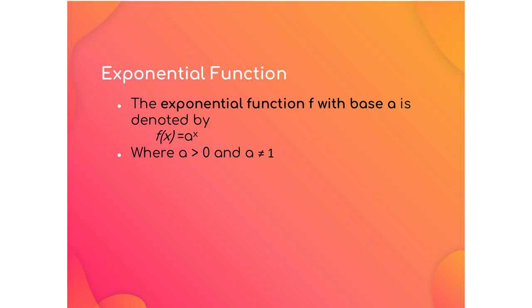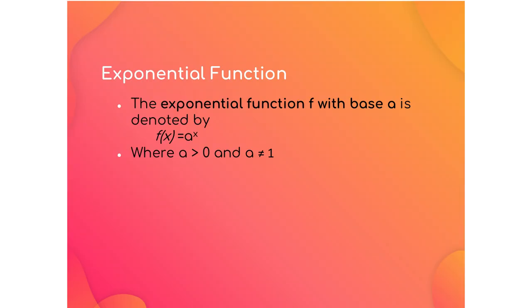Exponential functions. The exponential function f with base a is denoted by the function f of x equals a to the power of x. In the next few slides, the base is going to be labeled as b. Just know the number in front of the exponent is considered your base.